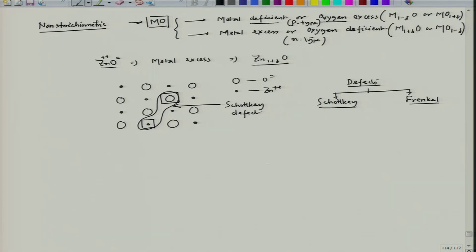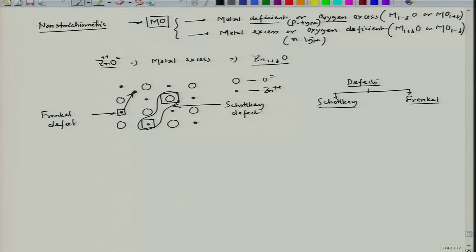This is also definitely a point defect, because these two lattice points are missing. And in case of Frenkel, one of the sites, let us say this site, is left vacant, and this particular cation will move to the interstitial. So, this region is interstitial, and that time it forms Frenkel defect.